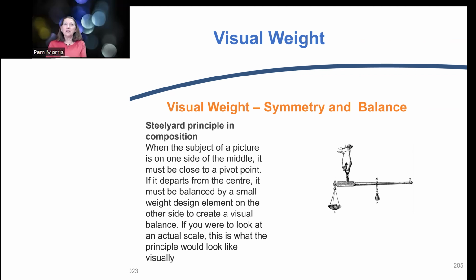And we're going to have a look at symmetry. And we're also going to look at asymmetry, where the things on either side of this seesaw aren't equal in looks or size, but they have a different visual weight. And just like when you're on a seesaw with a small child, you need to know where to place yourself on that beam balance. And just like that beam balance, if we place things close to the edge, then they have more visual weight, just like we do on a seesaw.